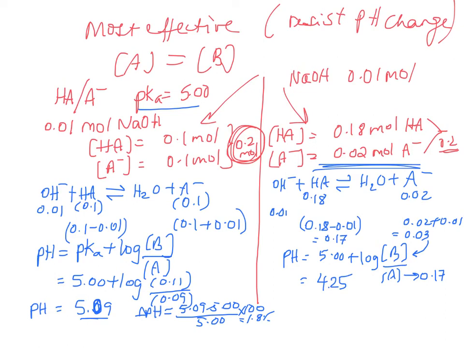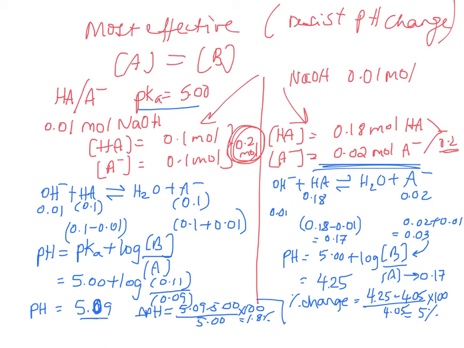And now if you look at the percentage change in the pH, it went from 4.05 to 4.25. And if you try to figure out the percent, it comes out to be 5%.